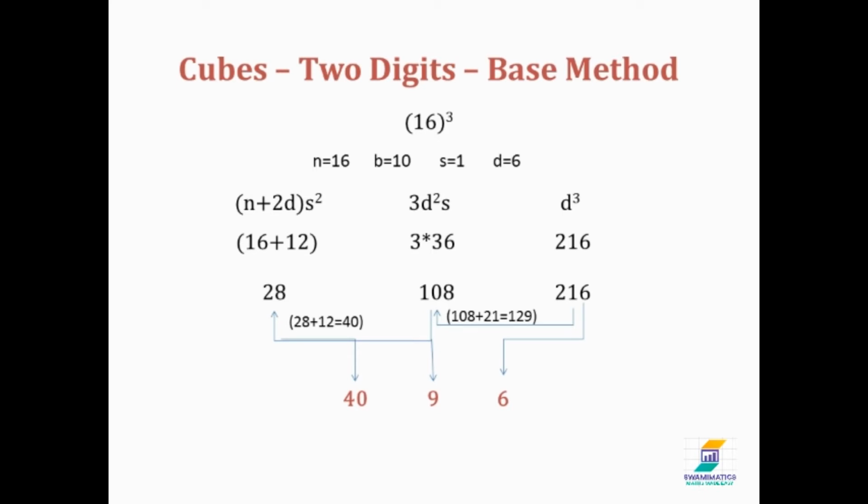So if I take 20 as a base, then D is going to be minus 4 and S is going to be 2 and B will be 20. Right? In that case, the last term D cube will be a minus. That is the reason for comfort I have taken the base as 10. We will also do one example with D negative at a later stage.